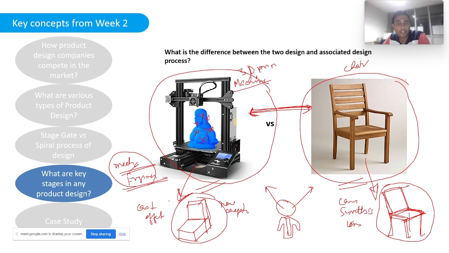In such a product, you cannot come up with the product at a single time. You need to do multiple iterations, probably hit and trial, improve software or features, and try to see which configuration gives the best 3D printing results. So there are multiple iterations that you need to do. Do you agree?